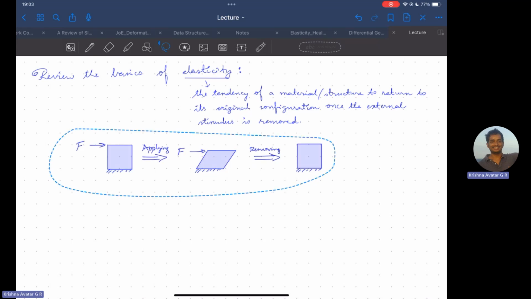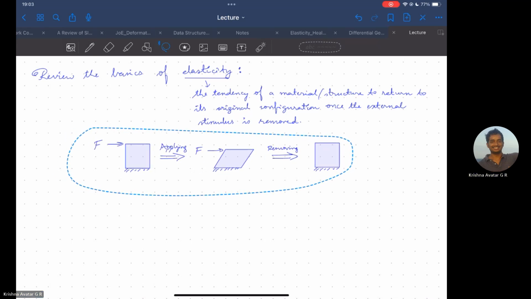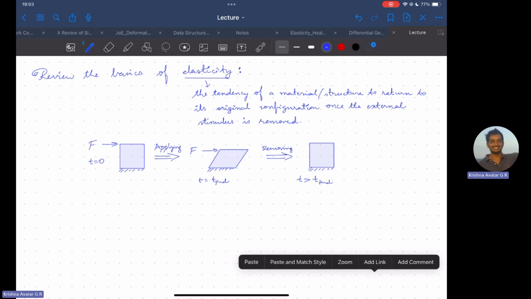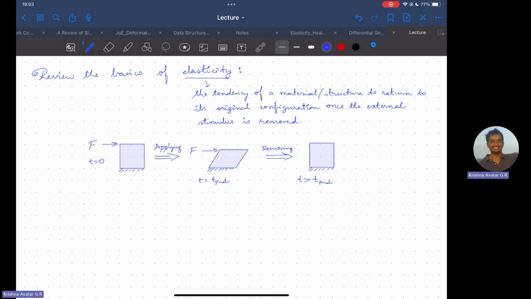So figuratively speaking, we had this, then we applied the force at some time t equal to 0, until some later time t final. Then we remove it, so it's like t greater than t final, and it returns back to its original state. So this is what elasticity means, right? The body or the structure gets back to its original position.